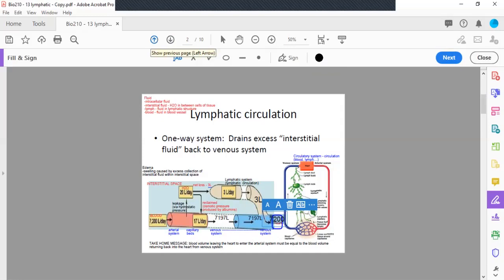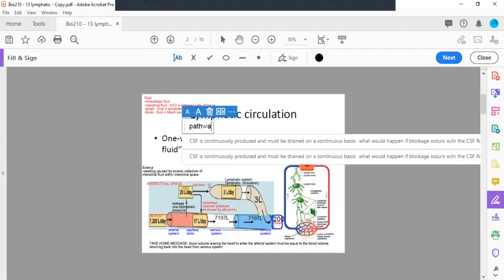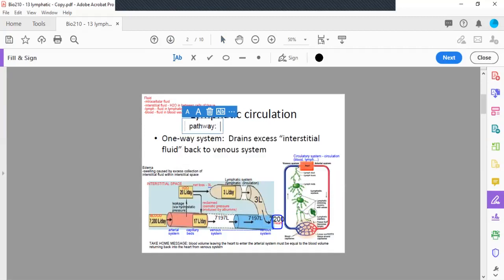But we need to give credit to the pathway in which the lymph moves so it can deliver the water back into the venous system. Okay? So this is a pathway of the lymphatic circulation. All right, so we can say that interstitial fluid goes into the lymphatic capillary.